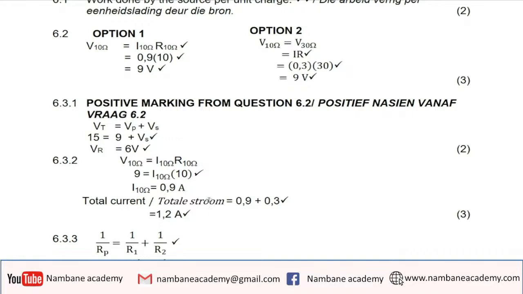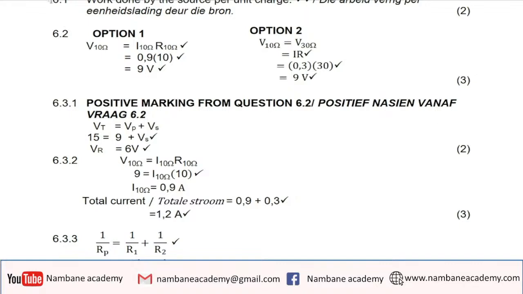And then we just add the 0.3 to get 1.2. Alternatively, we don't have any that we can use. We cannot use R and the 15 because we don't know the resistance of R. So we cannot use that. So the best option that we have is 6.3.2 as it is there. So it is going to be 1.2 amperes of current there.